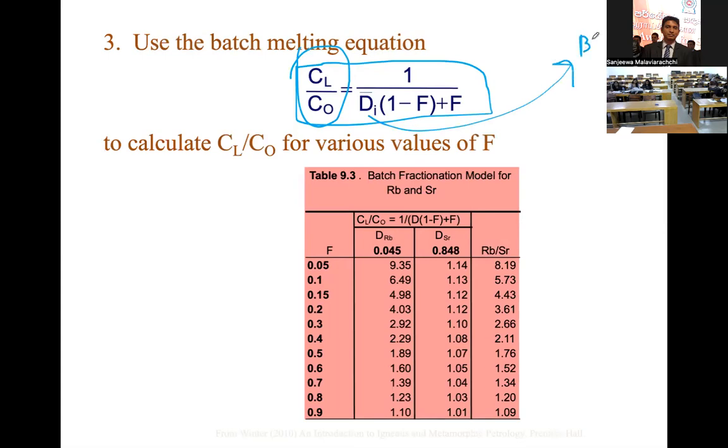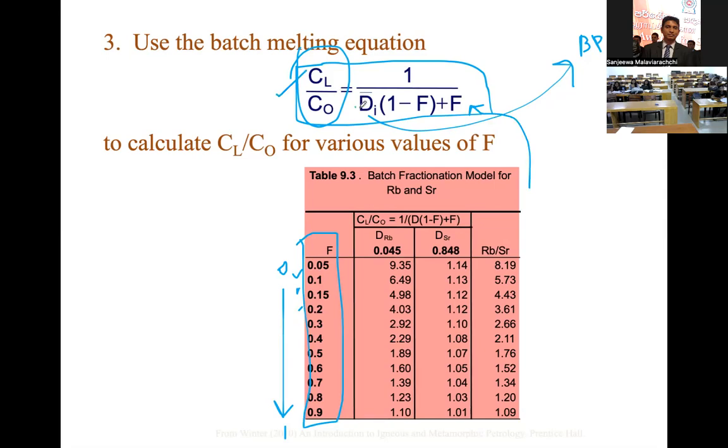Bulk partition coefficient we have, and we don't know the fraction of melting, right? We still don't know the fraction of melting, but you make it variable in your graph, assuming from 0, you can even put 0, from 0 to 1, right? Then at different fractions of melting, you can substitute that number here and find out CL over CO, because this D is constant.